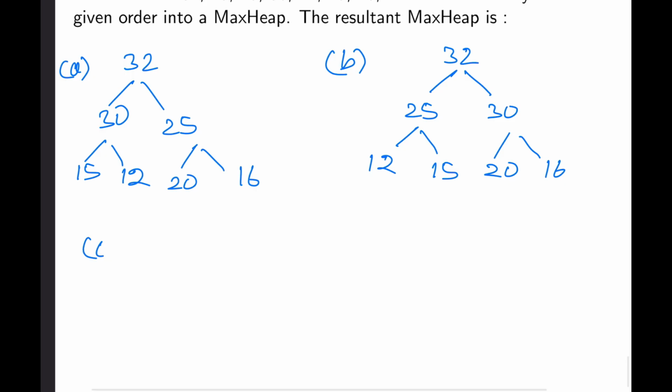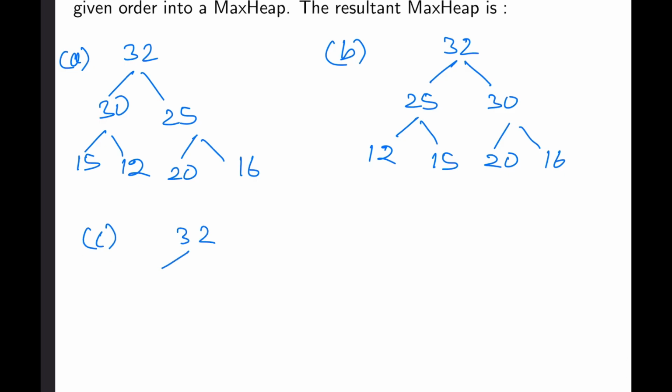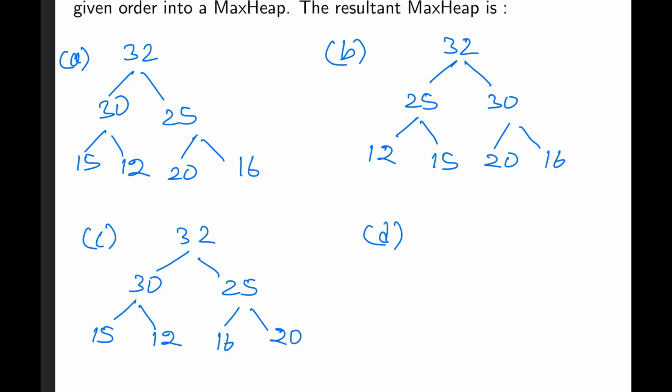Option C: 32, 30, 25, 15, 12, 16, 20. Option D: 32, then 25, then 30, 12, 15, 16, 20.